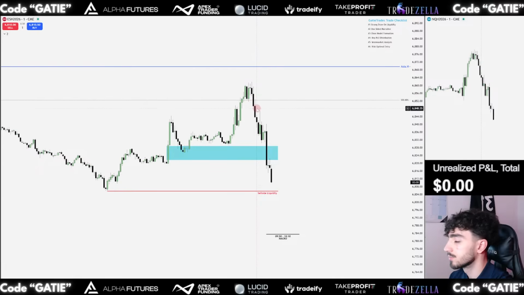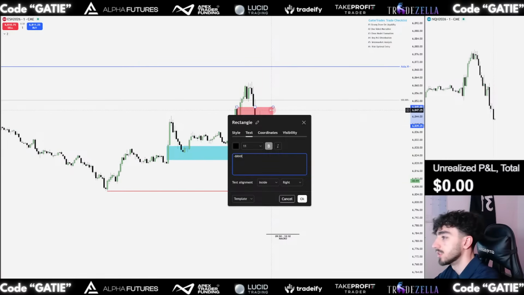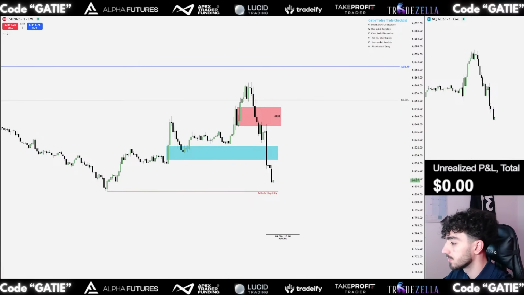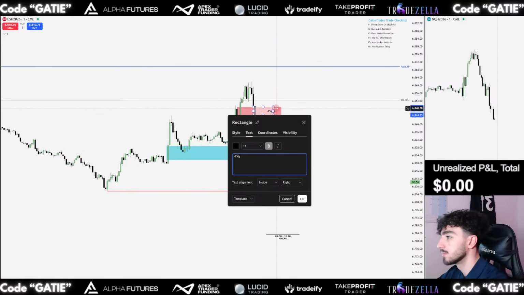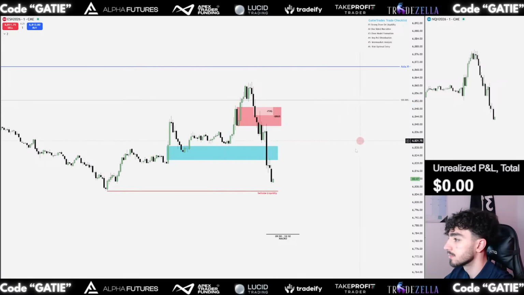Nice classic model. Start making some annotations here on how this delivered very nicely. And we can all agree that was a very clean delivery.